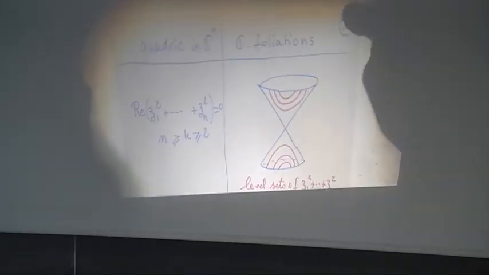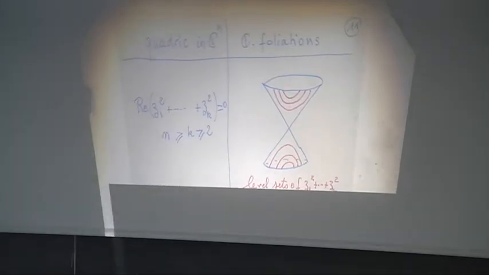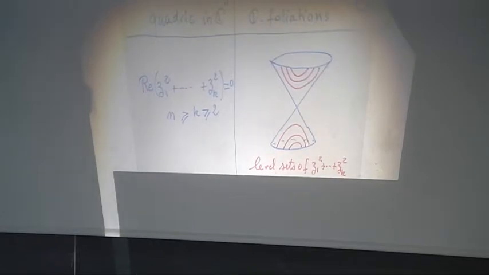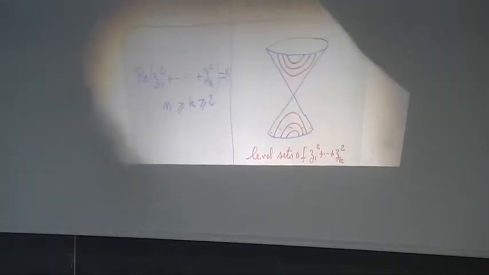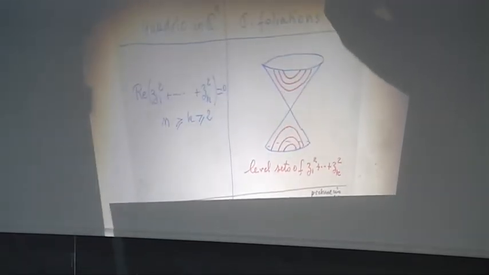So here I give the equation and a tentative picture. The first is like in the example where you take a function, here the standard quadratic form of rank k, and you take, for example, the real part equal to 0, and this is foliated by the level sets of the same function.